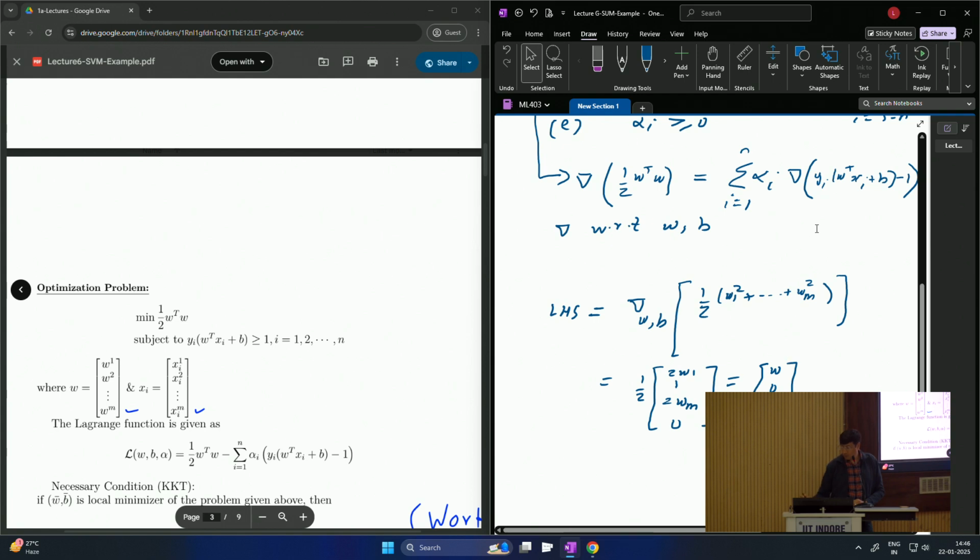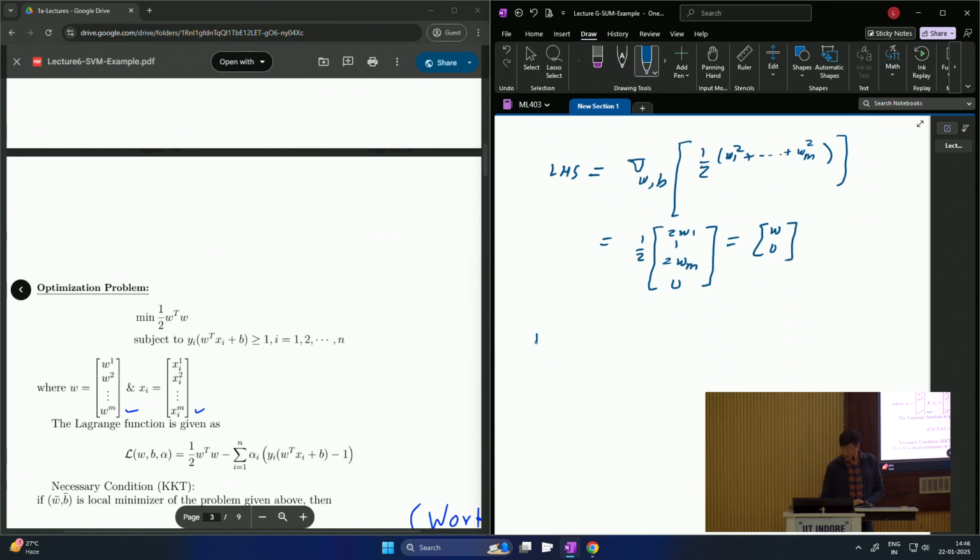Okay, now let's do the right hand side. I have to scroll. This is the right hand side. So we'll do the same thing. So our right hand side is summation of I going from 1 to n alpha I gradient of w comma b of yi times w transpose xi plus b minus 1. Now when you will do with respect to w, what will you get?